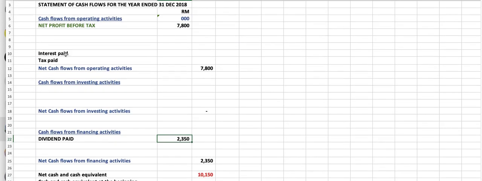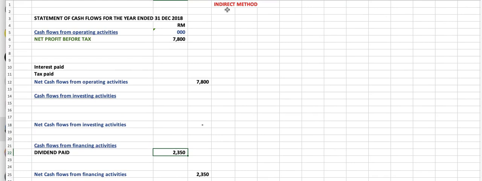Okay, alright. Interest expenses kat sini, you have to remember when you prepare cash flow, interest paid will be deducted here. Okay, so when we prepare indirect method, we know that when we prepare the SOPL, to arrive at this figure, we will less the interest expenses. But by right, when we prepare the cash flow, that interest cannot be deducted at this figure.